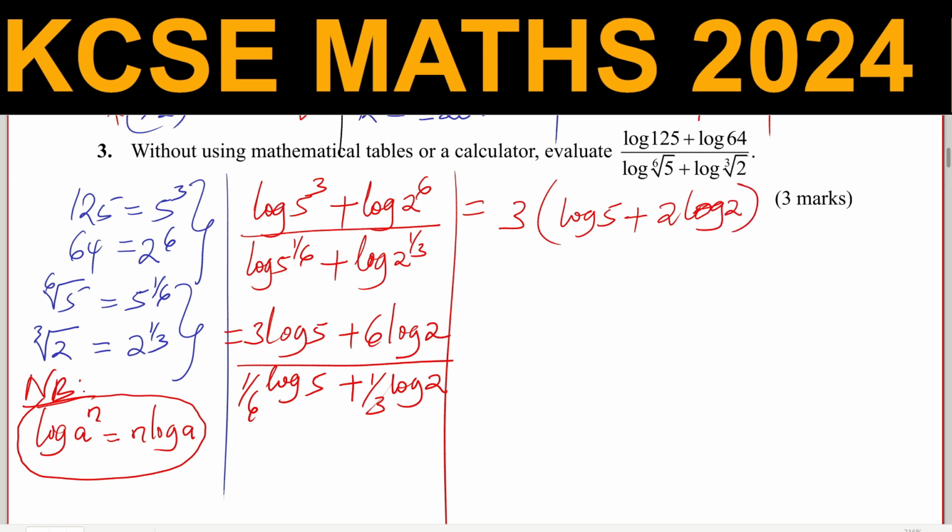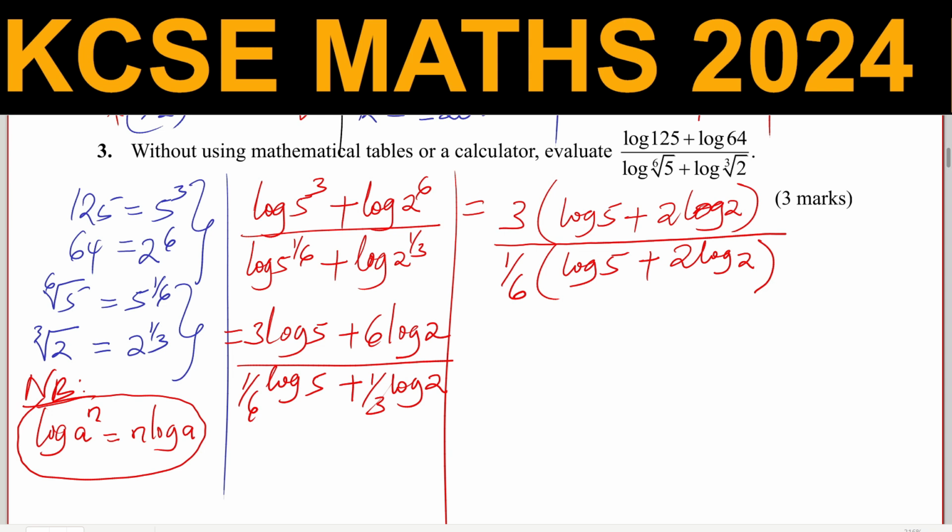Then go to the denominator and see what you can factor out: 1 over 6 and a third. You can factor out 1 over 6, as 1 over 6 is common. So when you factor out 1 over 6, you remain with logarithm of 5 plus, when you factor 1 over 6 out of a third logarithm of 2, you remain with 2 logarithm of 2.